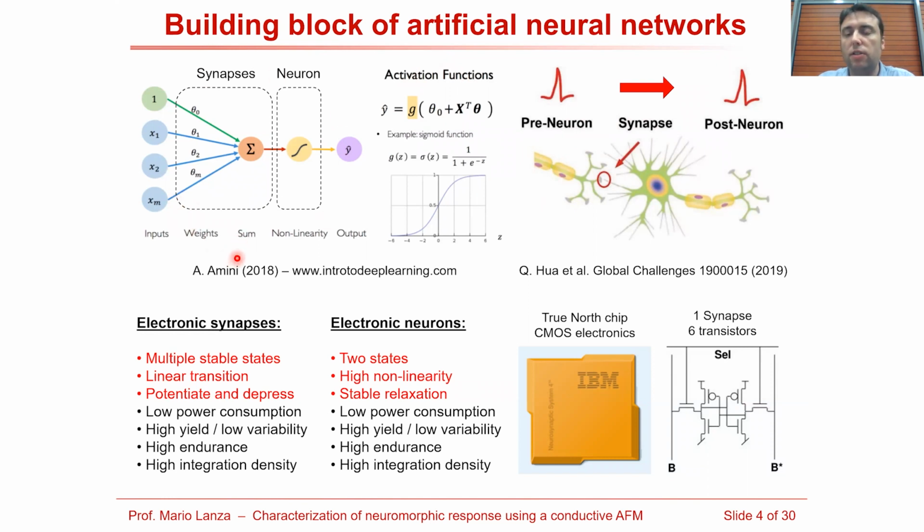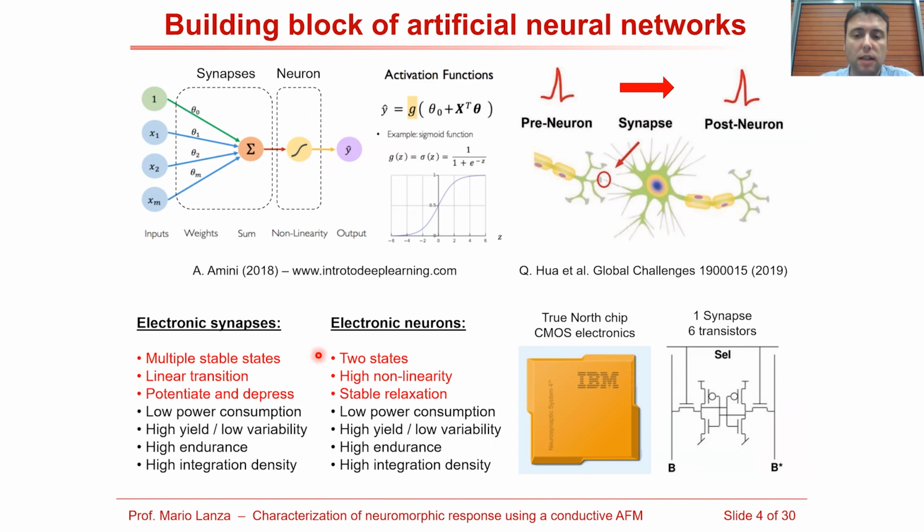The state-of-the-art commercial chips that are emulating artificial neural networks use transistors. You need several of these transistors in order to emulate the functioning of one single synapse and also one single neuron. For example, the TrueNorth chip from IBM uses 6 transistors to emulate one synapse.